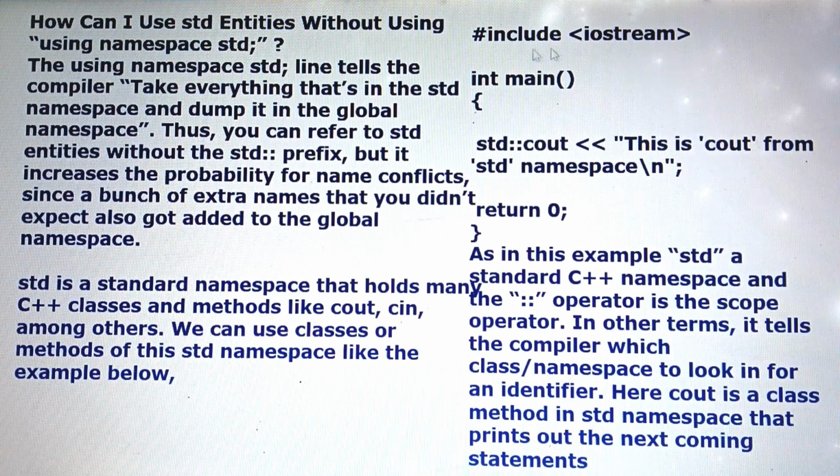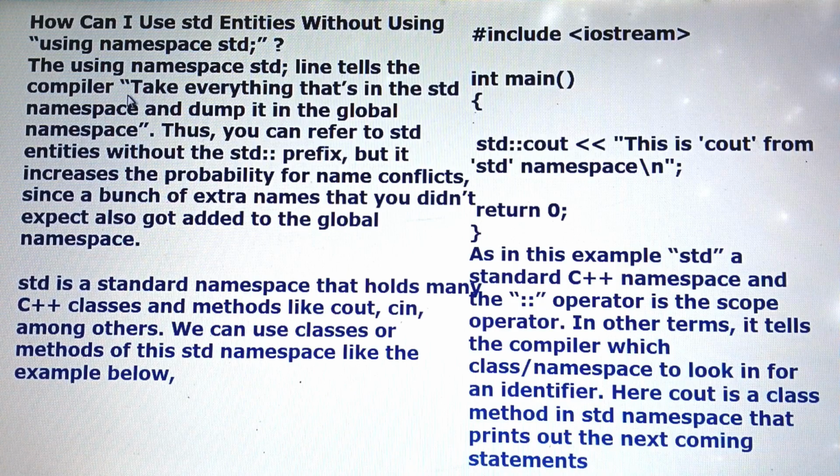See, declare the header file iostream, open the main function, then give std, the scope resolution operator, cout, and return. Without declaring the namespace std globally, we can do it like this, with the name of the namespace std and the scope resolution operator. std is a standard C++ namespace, and this symbol is the scope resolution operator.